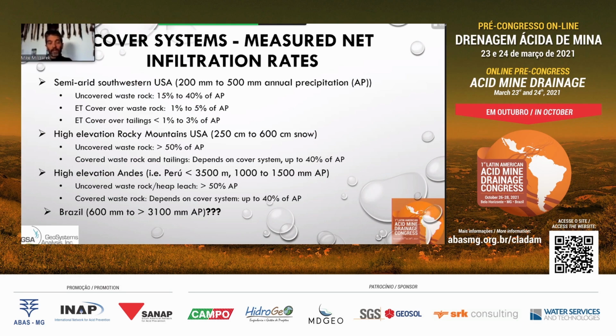It can be quite significant. Uncovered waste rock can be greater than 50% of the annual precipitation. And depending upon the cover system design, a very simple design still might leak as much as 40% of annual precipitation. Again, it depends on the location and the design.